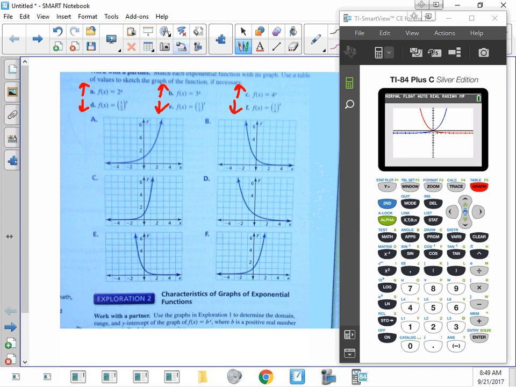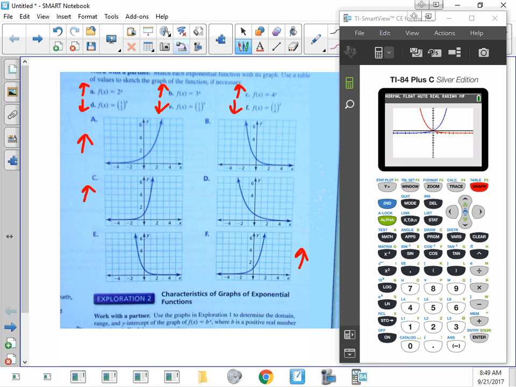If you look at capital A through E, which three graphs are going up? A, C, and F. All right. Which one is going up the fastest? C is. Does everybody get that?